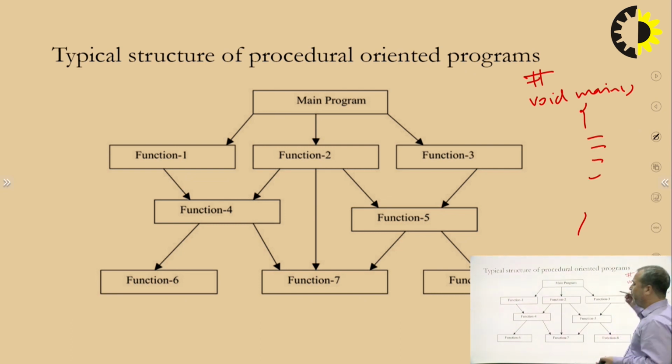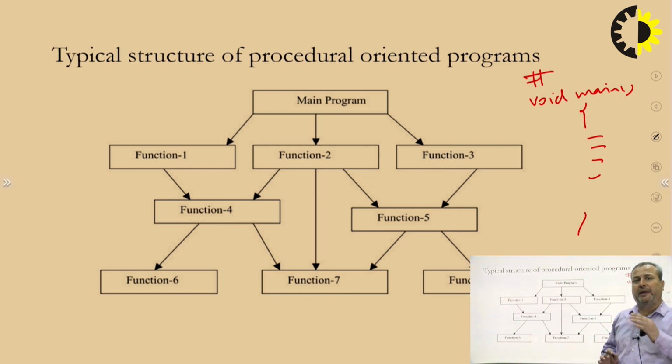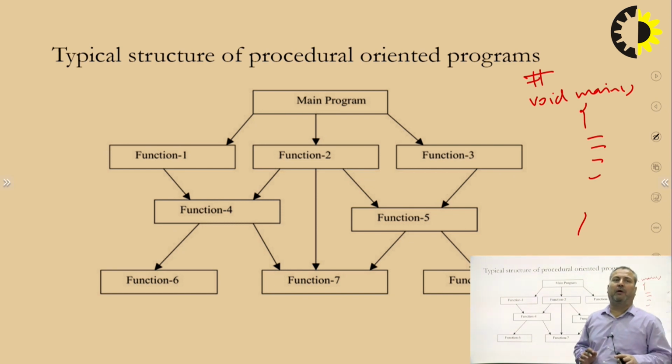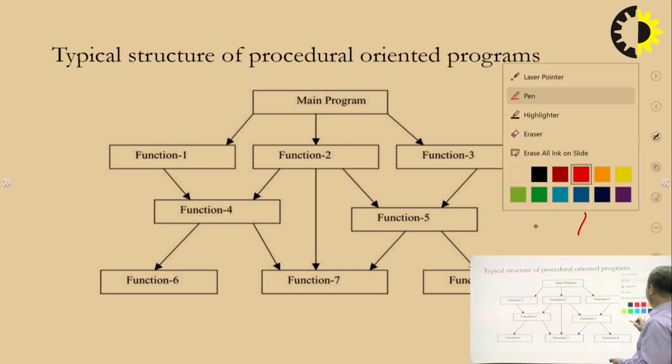C is a procedure oriented programming language, okay. So everything, the task or module, is written in the form of a function. Even main is a function from which execution starts. So whatever the code is, either we write it in main or we can create many user defined functions, okay.